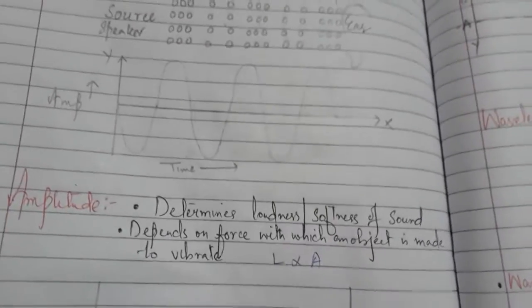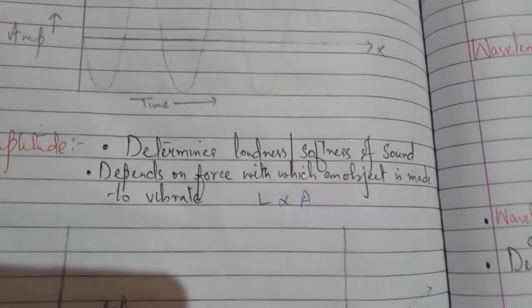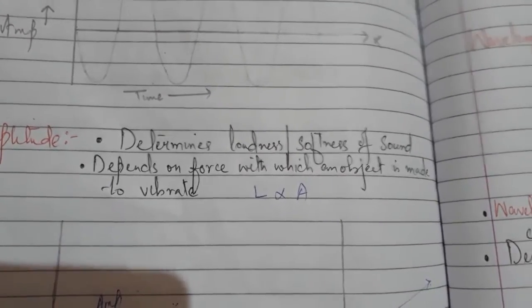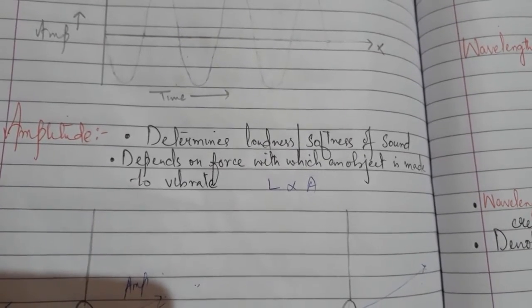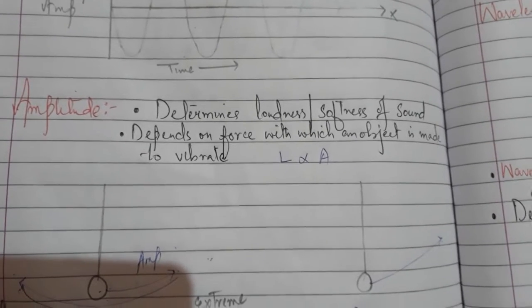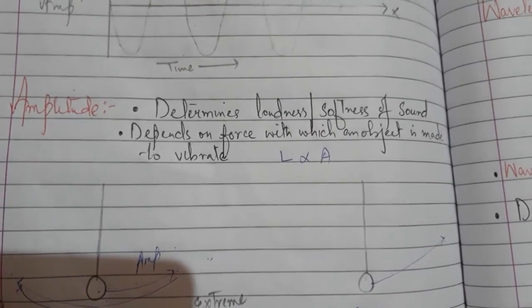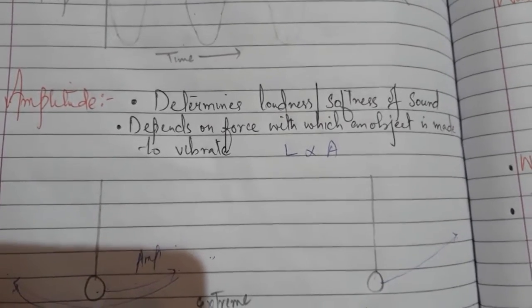When we talk about a sound wave, sound is always about how loud or soft it is. Now the question is, what determines whether the sound is loud or not? That is determined by amplitude. Amplitude determines the loudness or softness of sound. What does it depend on?